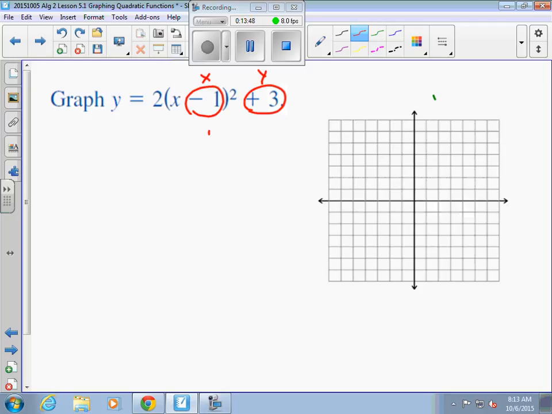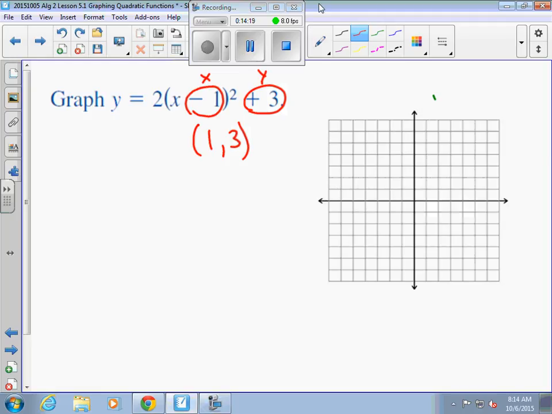So it's the opposite, which is +1. And Y is exactly what it says. What does Y say? 3. So don't make that mistake and put either both of them opposite or both of them the same. One of them is opposite and the other one is the same.